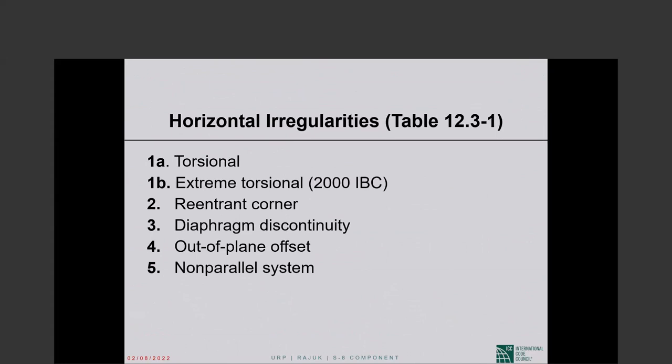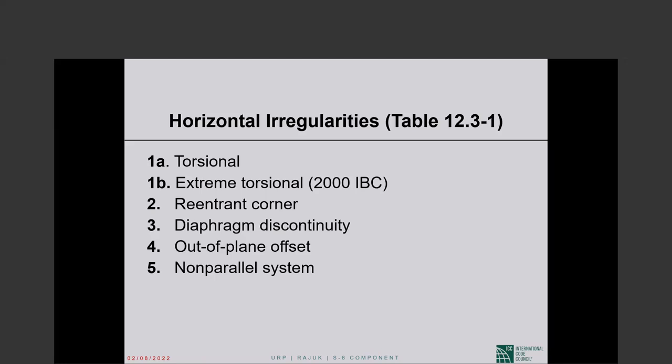So if you have torsional irregularity, the table will tell you to go to the section that has restrictions on analysis procedures. And when you go there, you will see that you have to do dynamic analysis. The static analysis will not do, for instance.